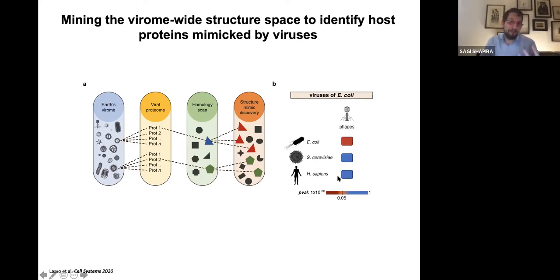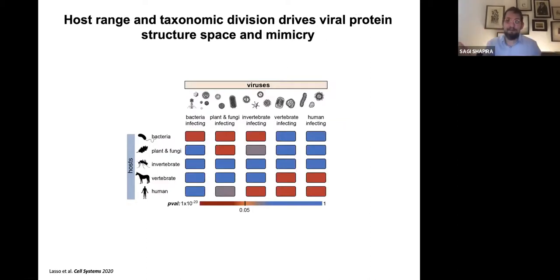Now, we can take it one step further, and we can look across all hosts and viruses in sort of Earth's virome. And again, perhaps not surprising, bacterial viruses look like bacteria, plant-infecting viruses look like plant, and viruses that infect vertebrates look like vertebrates. So it's not entirely surprising, but it's nice to demonstrate.